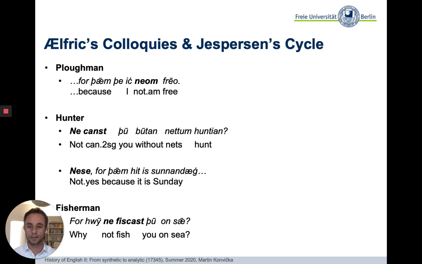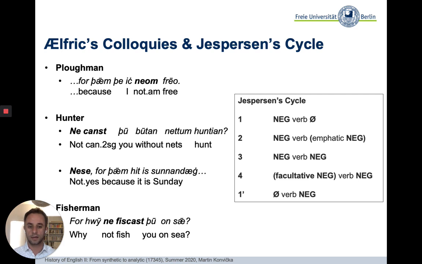But if we go back to the colloquies and we look at Jespersen's cycle, we will see that we are actually here in Old English, and as expected, we see the pre-verbal negators being used. Right? "Ne fisceras, ne fugelas", and so forth.